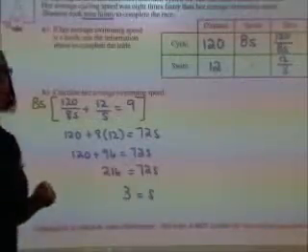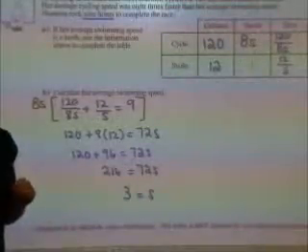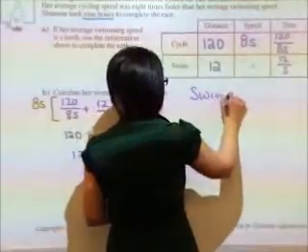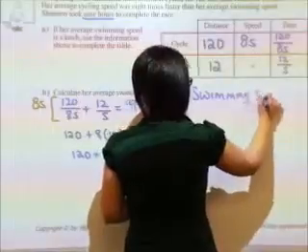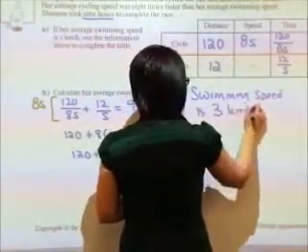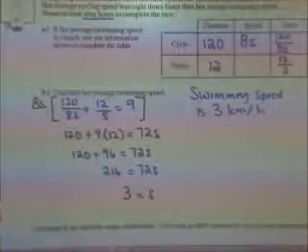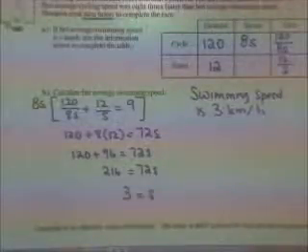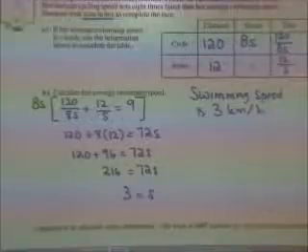Kilometers per hour of what? That would be for swimming speeds. So swimming speed is 3 kilometers per hour. What would her cycling speed have been? 24 kilometers per hour.